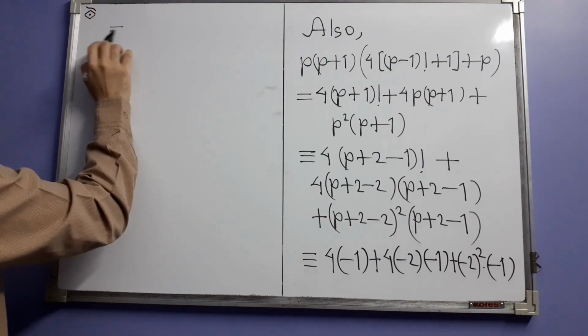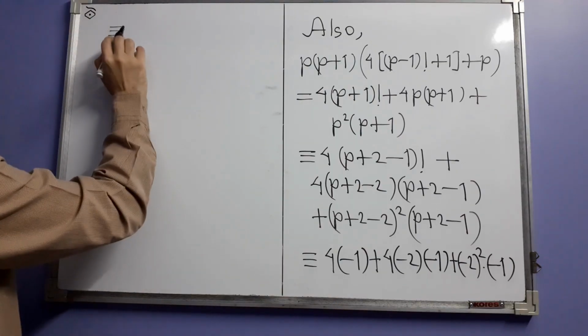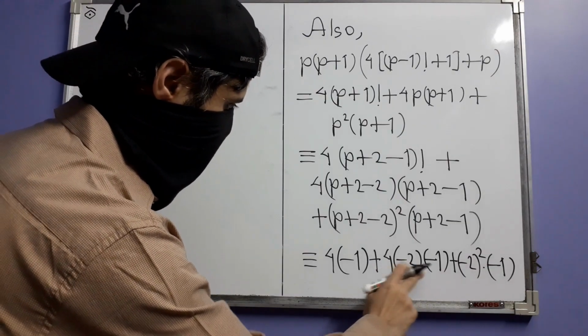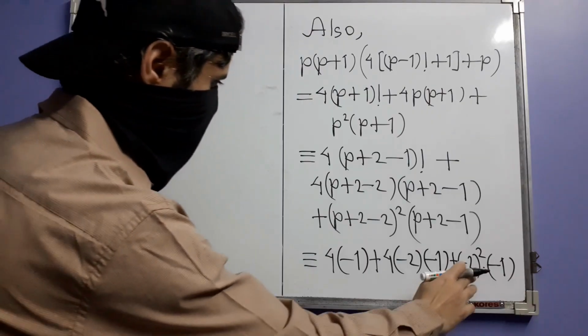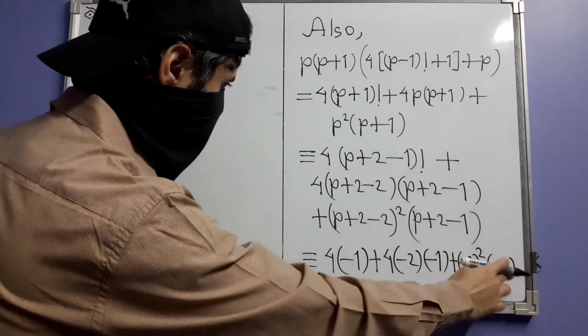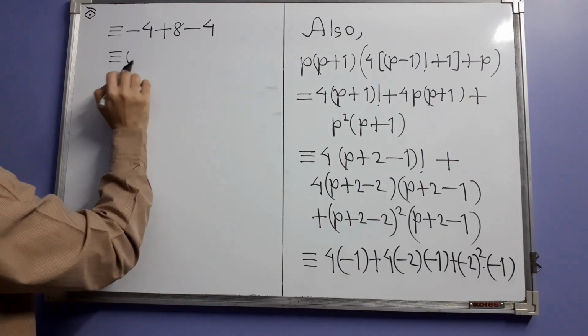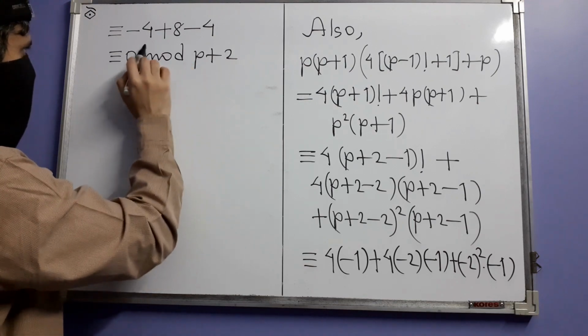It has been made simple. So what are we getting from here? Minus 4. What shall we get from this second term? Plus 8. And from this one, this is 4 but there is a minus. So you can see that this is also congruent to 0, but now the modulus is p plus 2.